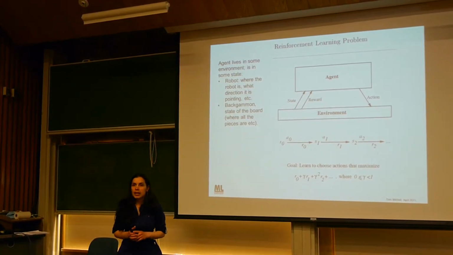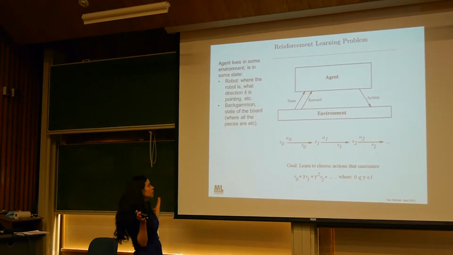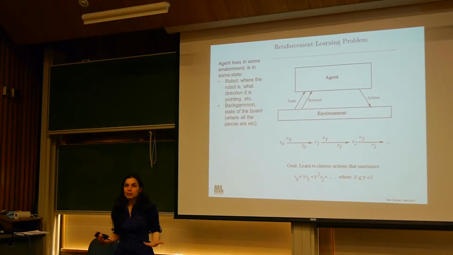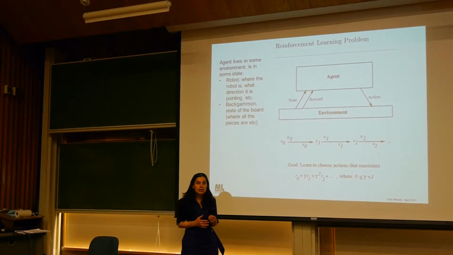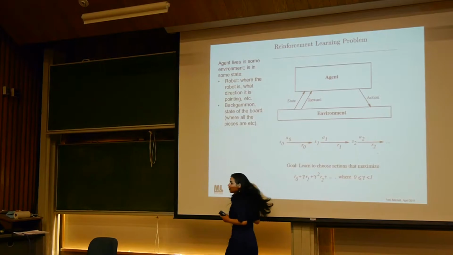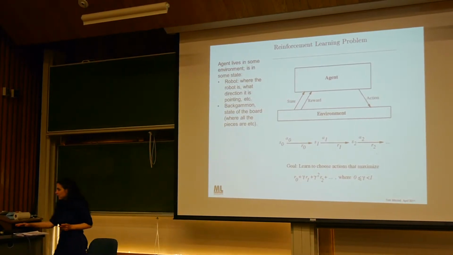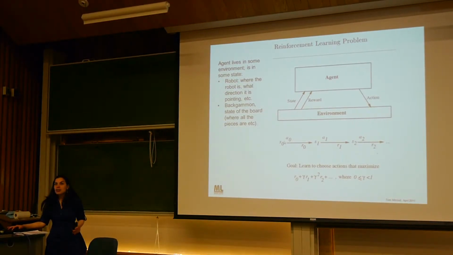Basically, the setup is we have an agent, and the agent is in some state of the world. In any given state, the agent could take an action. For example, if I'm in state S0, then the agent could take some action A0.